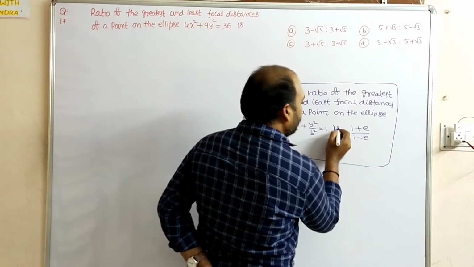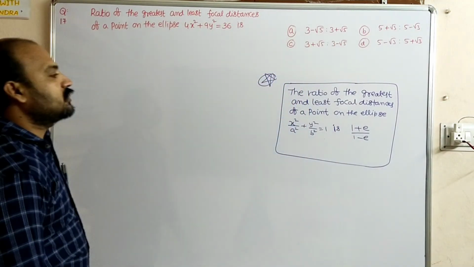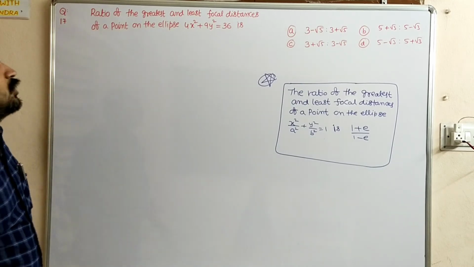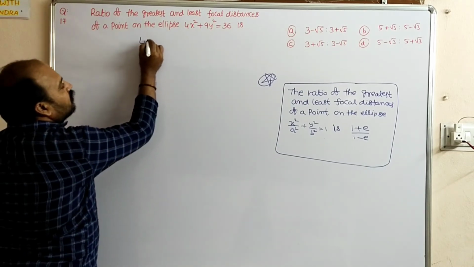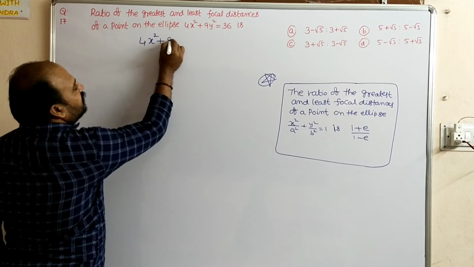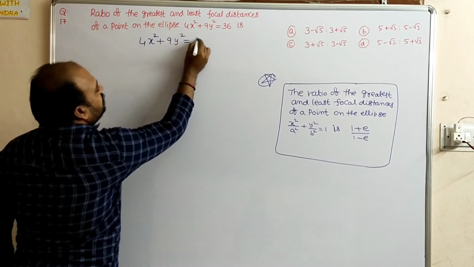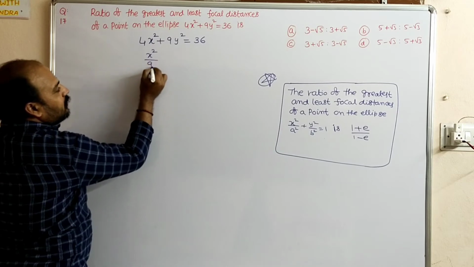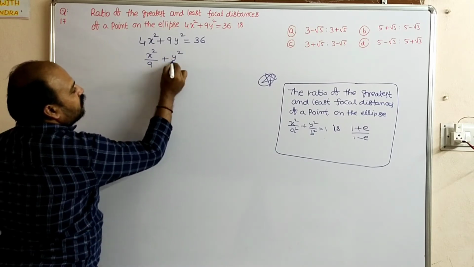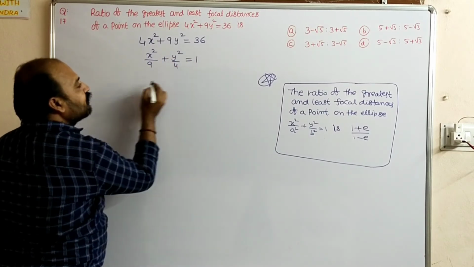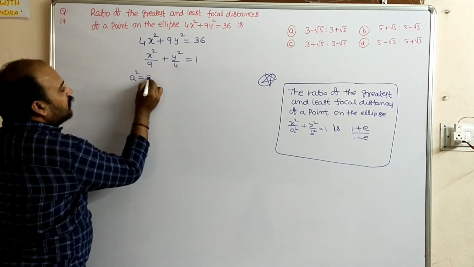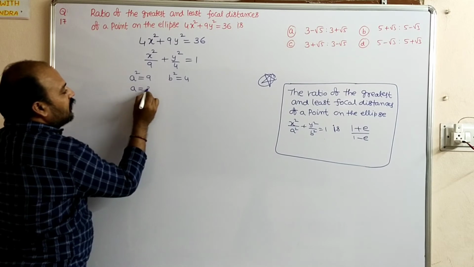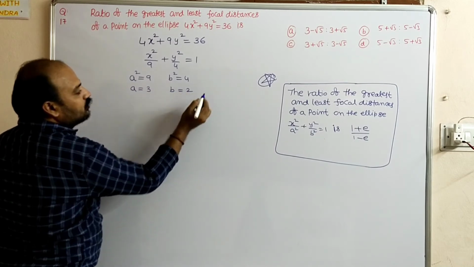You have to remember. So first, to get the e value, we need to simplify the equation. Given equation 4x square plus 9y square equal to 36. Dividing by 36 on both sides, x square by 9 plus y square by 4 equal to 1. A square equal to 9 and b square equal to 4. A equal to 3 and b equal to 2.